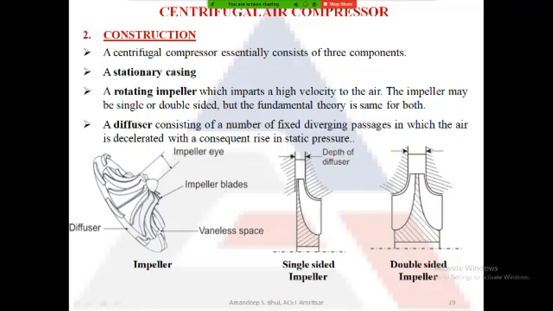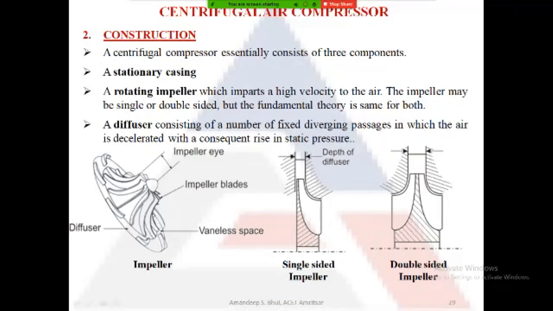The rotating of this impeller scoops in air from outside, and when the air moves along the profile of these blades, you can see the blades on top of this impeller, as the air moves through these blades, because this impeller is rotating at very high speed, the kinetic energy of the air increases when it moves from the center towards the outer tip of the blade. So this increases the kinetic energy of air. So the impeller increases the kinetic energy of air.